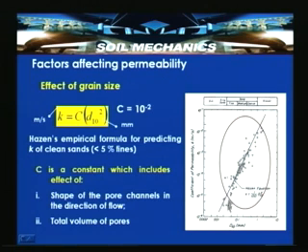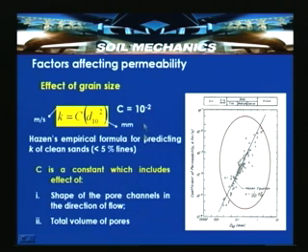Once the values are plotted, the linear regression obtained gives the equation named Hazen's equation after William Hazen: k is equal to C D10 square, where C is equal to 10 to the power of minus 2.